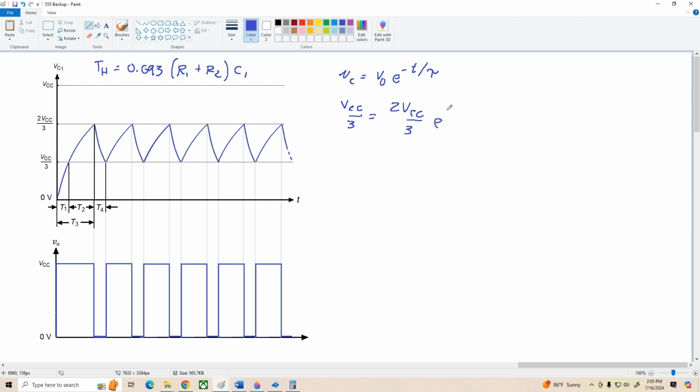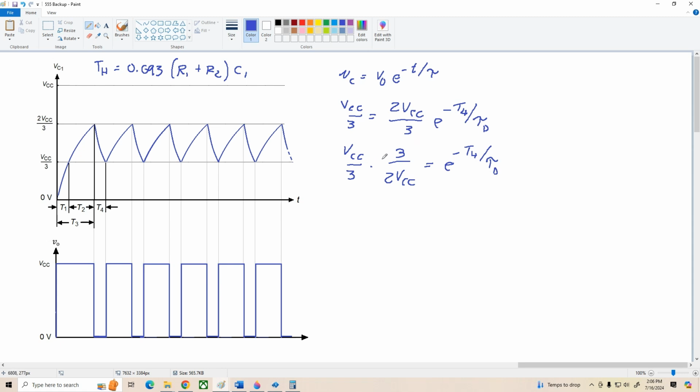And that's times e to the negative t4 divided by the discharge time constant. Okay, so what we're going to do next is divide both sides by 2 VCC over 3, or multiply by the reciprocal, so that gives us VCC over 3 times 3 over 2 VCC equals e to the negative t4 over tau sub d.